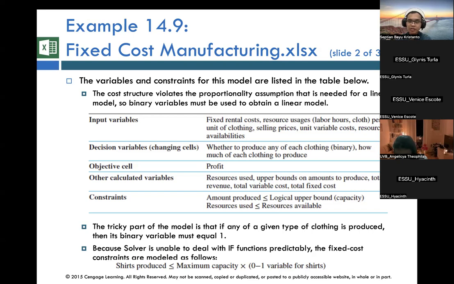It comes from sources like the rental cost, resource usage like labor hours, clothing hours, the unit of clothing, or maybe the difference of selling price in every region, or maybe a different kind of variable cost per unit. So every product also has a different profit.